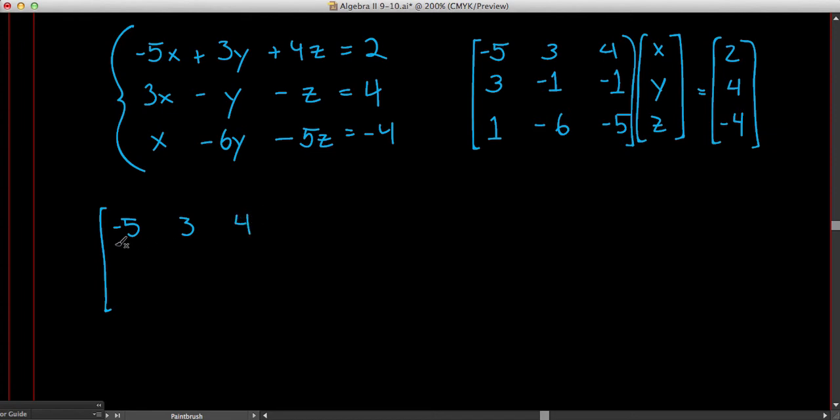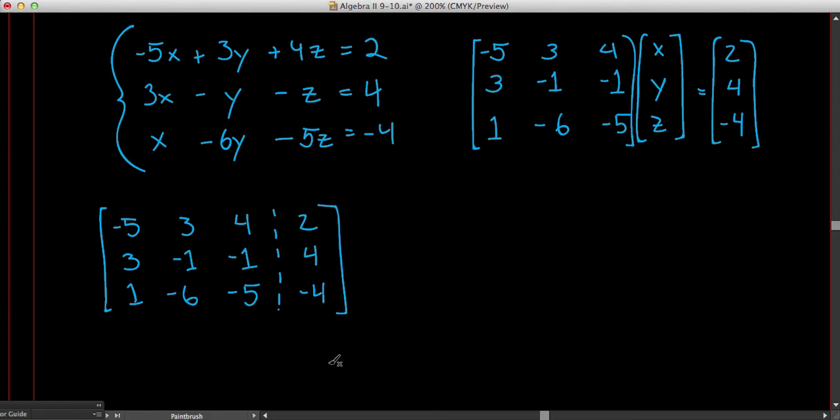So this part of the matrix is going to be the same. 3, negative 1, negative 1, 1, negative 6, and negative 5. And then we can make a little bit of a line here, and then we're going to write our solutions: 2, 4, and negative 4. And then we're going to close our bracket.